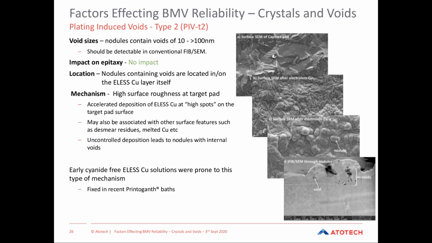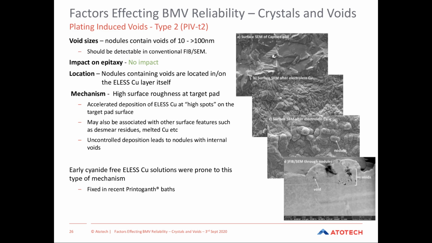Moving away from reduction of copper oxides by hydrogen, we start now looking at the target pads themselves. It's the biggest area at the bottom of the microvia. It has to have some impact as well, and it certainly does. What we found in this case was the roughness of the target pad can essentially disrupt the deposition of the electroless copper itself.